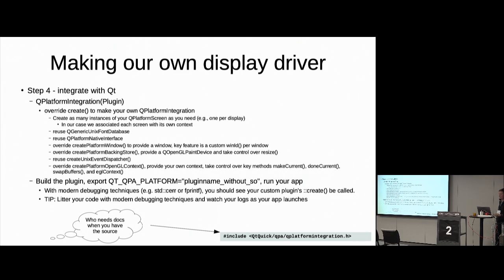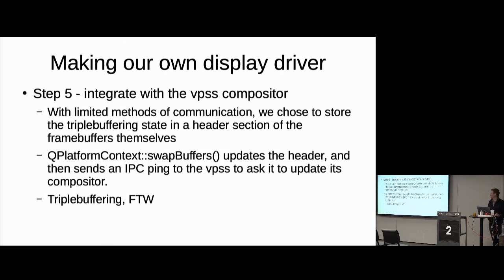And of course, all of QPA platform integration is undocumented, so we have the source code. And having the source code of a framework like this, I think, is extremely valuable. And it's actually one of the points of this talk, that as long as you know C++ and you have the guts, you can always walk the code and you can figure out how this works. And it helps to have somebody next to you while you're doing so.